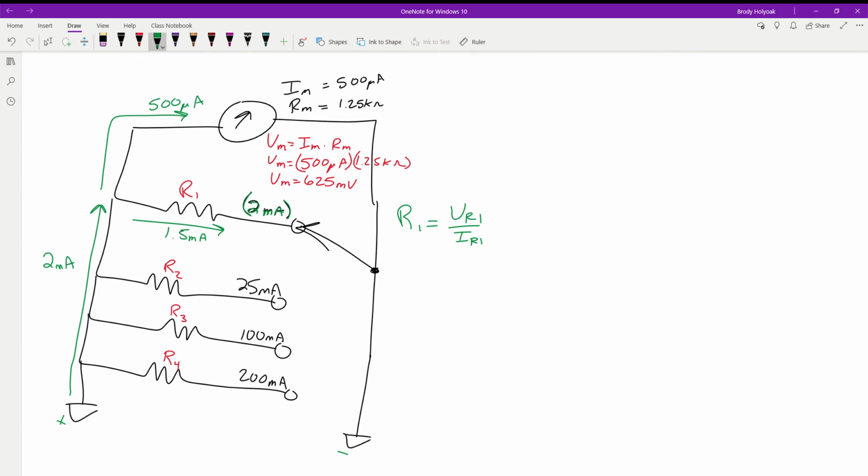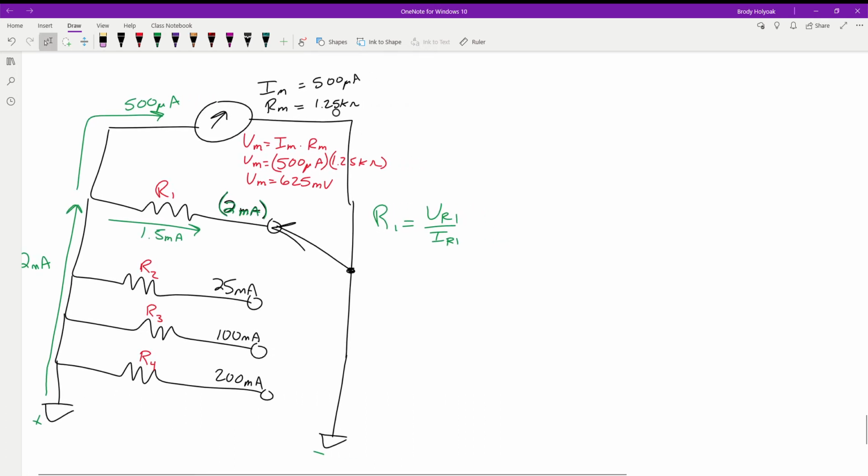Because voltage is the same in parallel. When we flow this much current through this resistor, we're going to get that amount of voltage. So the voltage is going to be the same here. Our current is here. So we have 625 millivolts. We divide that by the 1.5 milliamps.